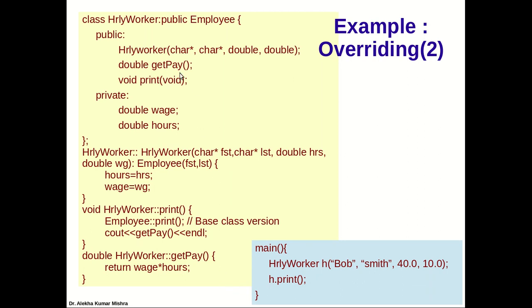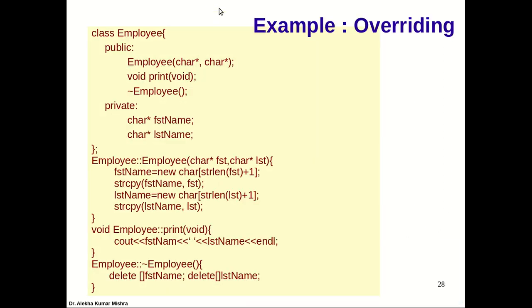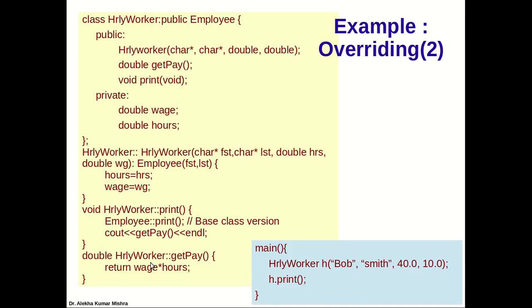Now the derived class, HourlyWorker. HourlyWorker publicly inherits the class Employee. Private members are inherited, but can be accessed only through the member functions of the base class, not directly. In the private section we have the additional data members wage and hours, along with the first name and last name.